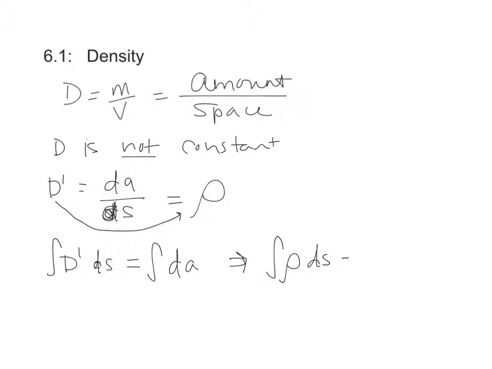And that is going to be the integral of dA. So therefore, the integral of rho with respect to the change in space is actually A. And so that's how we can find A. If we integrate rho, which is the function that changes in density, that should give us the initial amount.